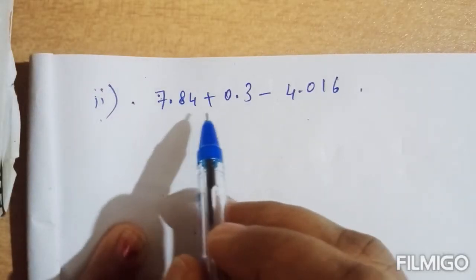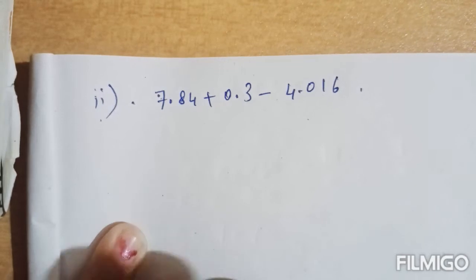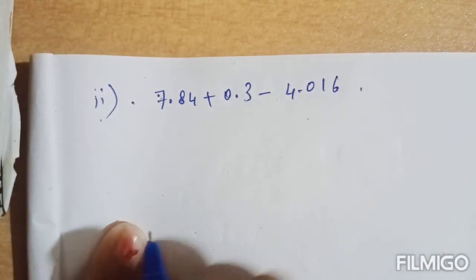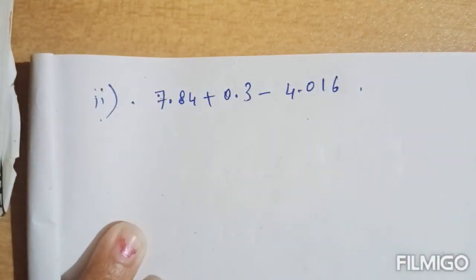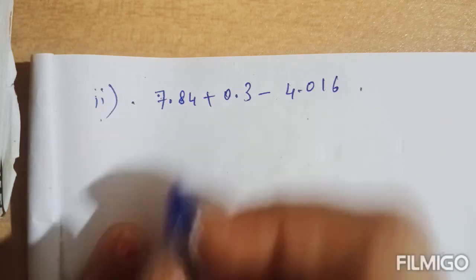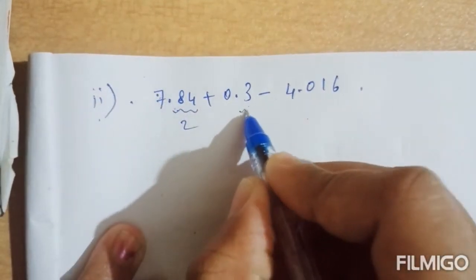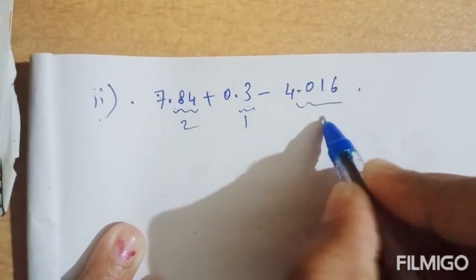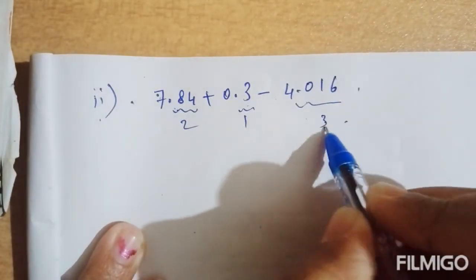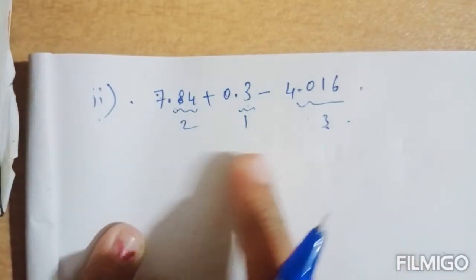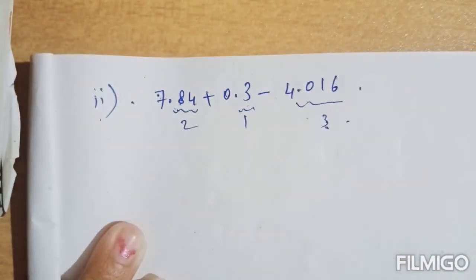Second one, 7.84 plus 0.3 minus 4.016. Here the number of decimal places is different. In this, 2 digits are coming after the decimal point, in this 1 digit, in this 3 digits. So the maximum is 3. Now you can make the other decimal fractions also have 3 decimal places.